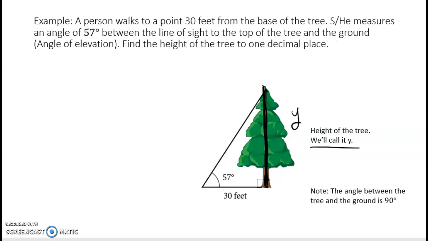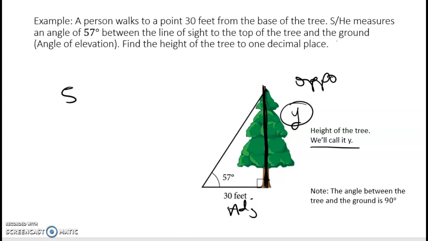What we're trying to find out is Y. What they give us is 57 degrees and 30 feet, which in relation to the 57, this side is adjacent, this side is opposite. And we don't need to find the hypotenuse. Number one, they don't give us that, and that's not what they're asking us for. So we have the opposite side and we have the adjacent side.